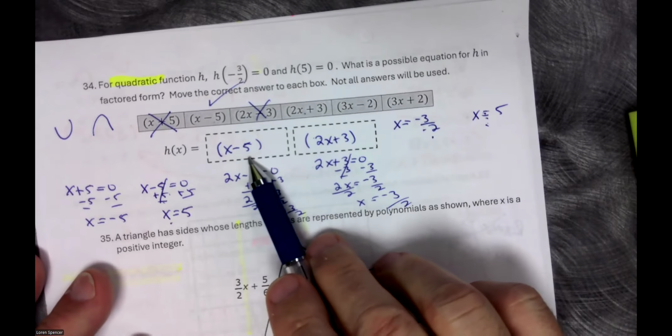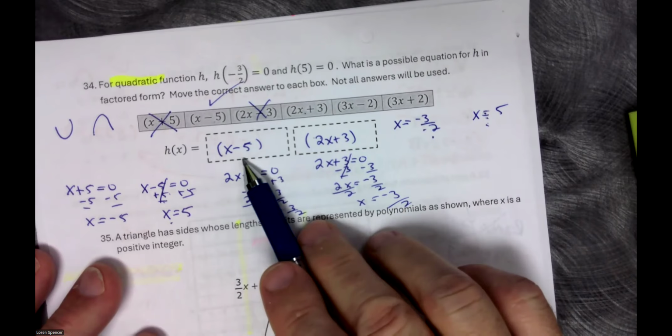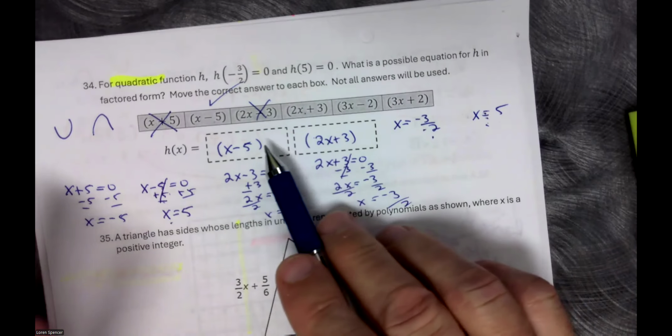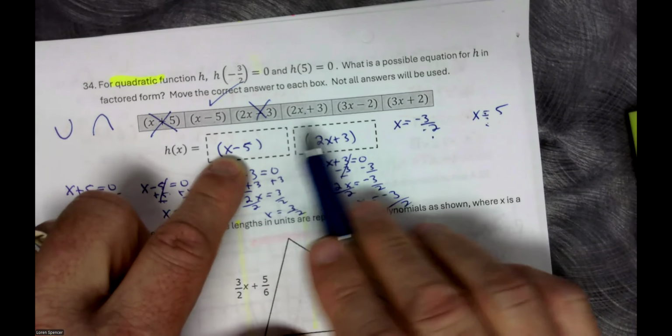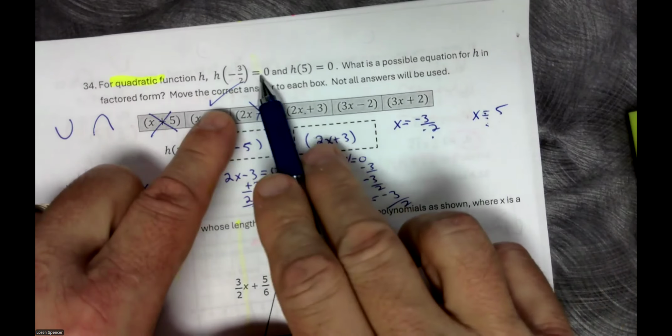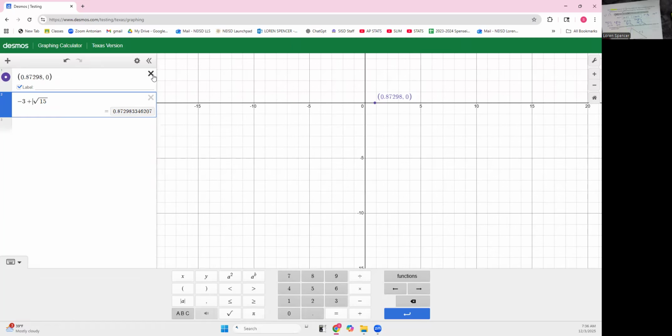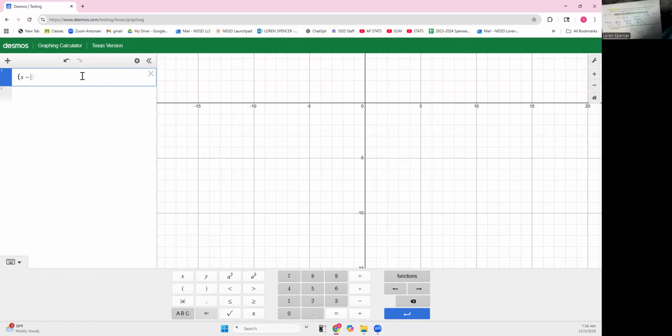Now, I want to show you a way you can check this because this is not an easy problem. This is one that I'd like you to get right. Hopefully you will, but not critical. But watch what happens if I plug this into Desmos. I'm going to plug this into Desmos and see how it relates to that. Because this is the way you can check your answer. So I'm going to take what we came up with, x minus 5, and 2x plus 3.